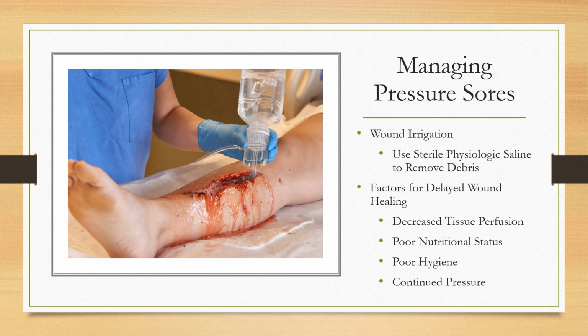What are factors that can delay healing? Well, if you have poor tissue perfusion, why would you have that? Well, what if you have atherosclerosis and a blocked artery to the wound, to the leg? Well, that's a problem, right? You're going to get less blood supply there. What if you have diabetes and you have some blocked blood vessels and capillaries and poor wound healing? Yep, definitely.